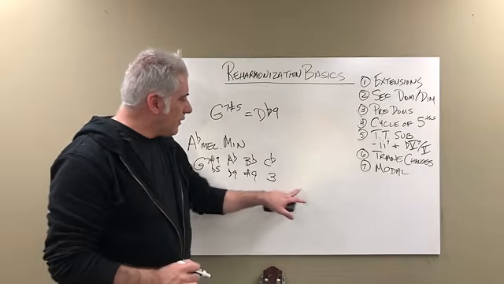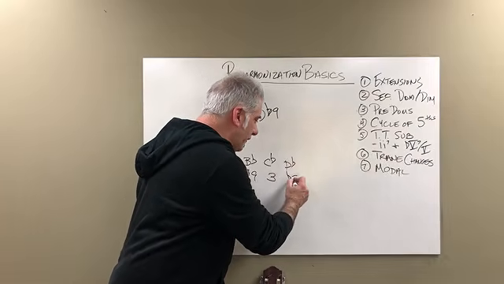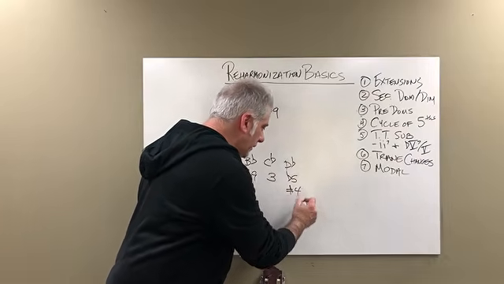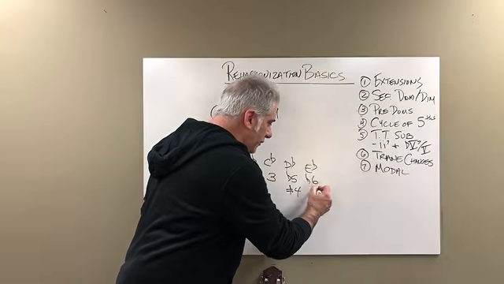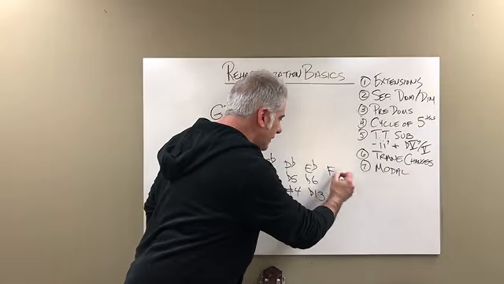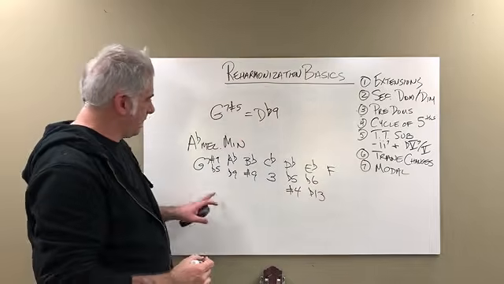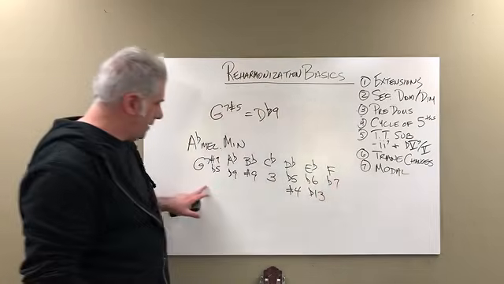So you start getting all these altered notes in here. D flat is the flat 5 or the sharp 4. E flat is the flat 6 or the flat 13. And then F is the flat 7 of G7, okay?